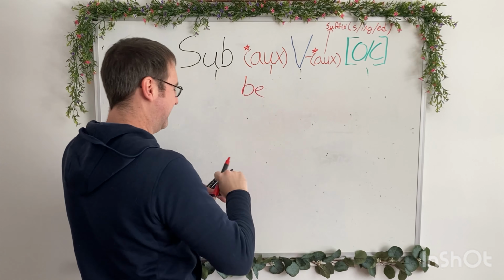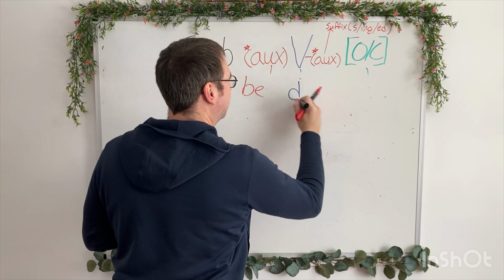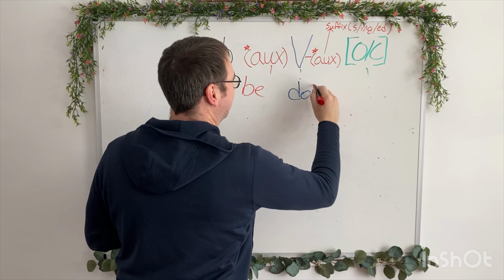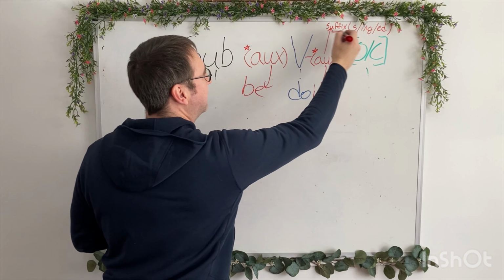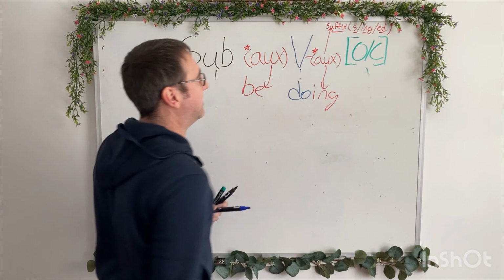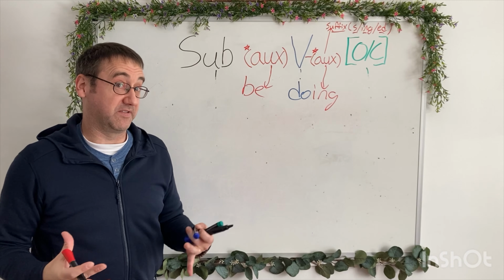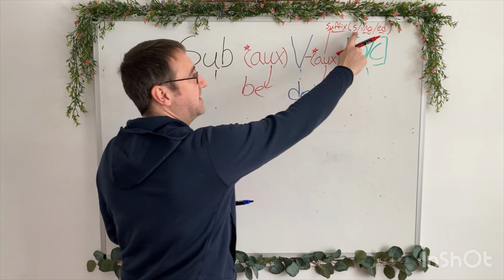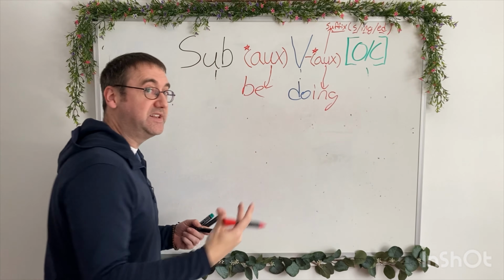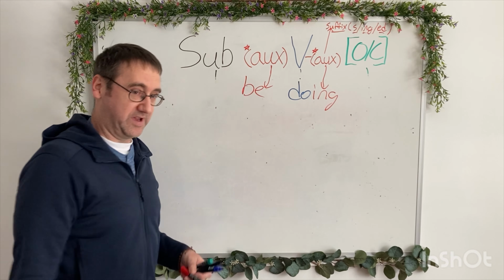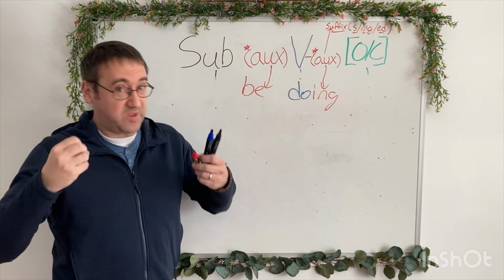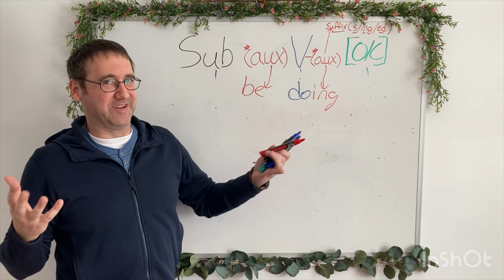Be, do, ing. And now you can see why this piece is here, because sometimes we need a suffix, okay? And usually we see an S, ing, or an ed are common in English, but you can see here, be doing. So say that at home. Be doing, right?